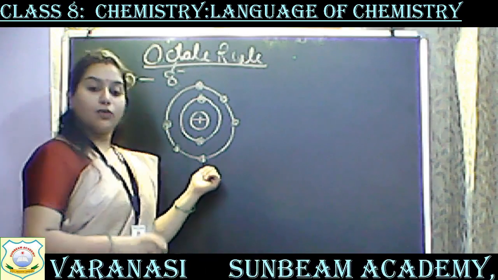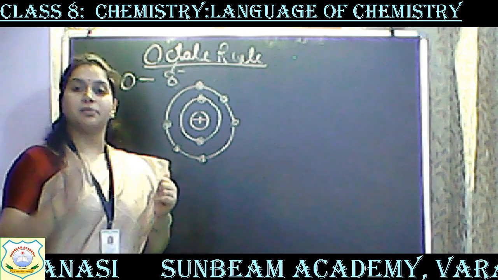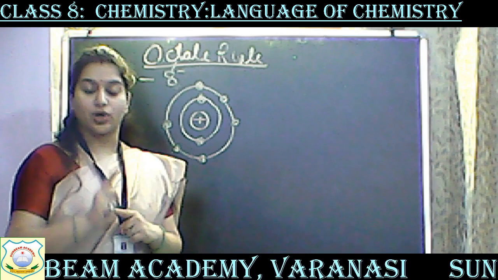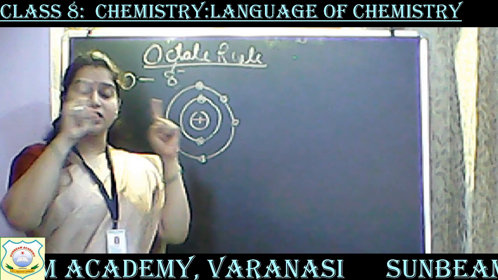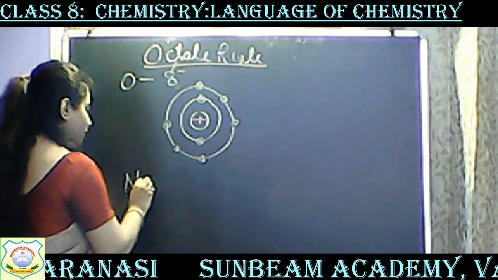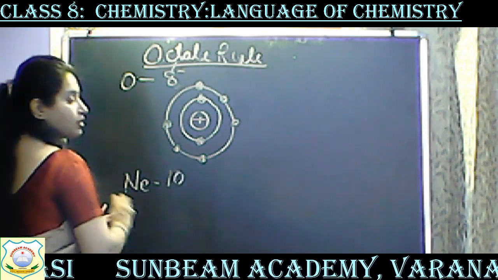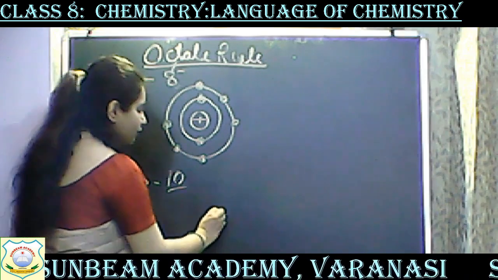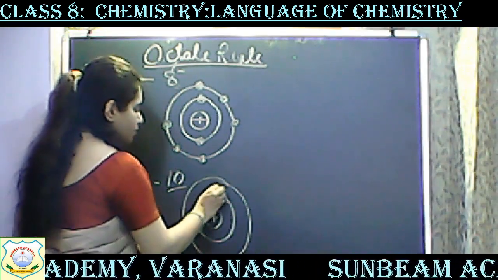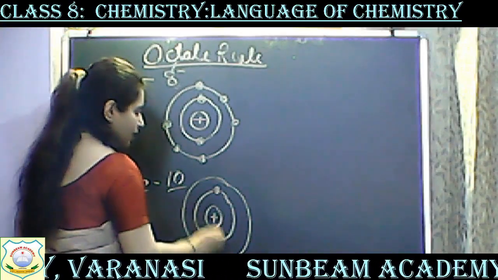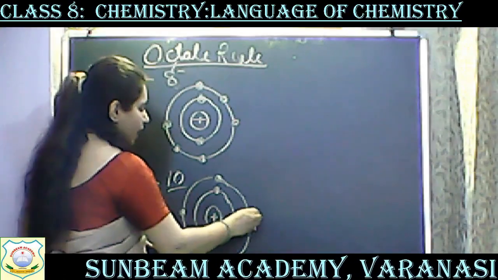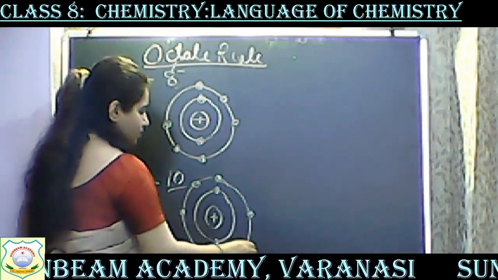Alright. What is stability? Stability is getting 8 electrons in the outermost shell. Like we have taken the example of neon. Neon has atomic number 10. If we draw the structure of neon, the first shell will have 2 electrons and the outermost shell will have 8 electrons.